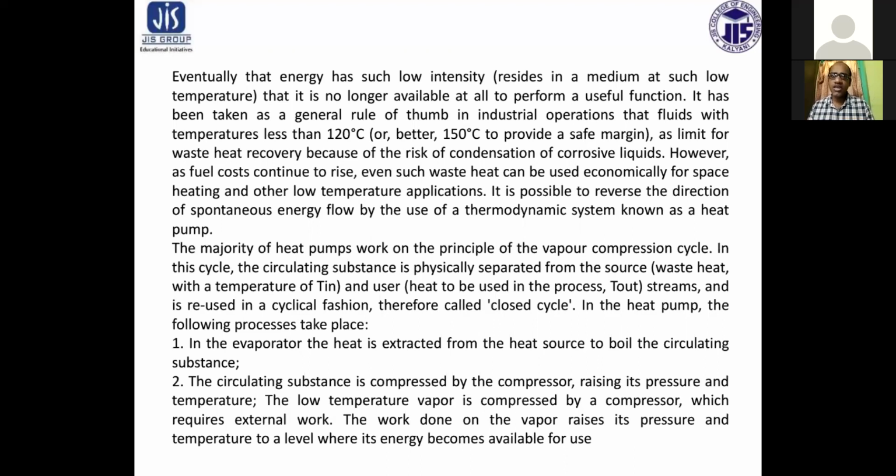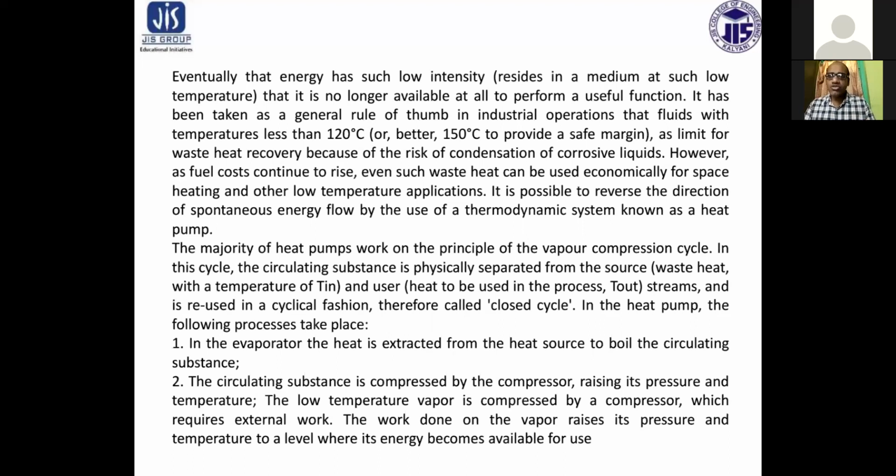However, as fuel cost continues to rise, even such waste heat can be useful economically for space heating and other low temperature applications. It is possible to reverse the direction of spontaneous energy flow by the use of a thermodynamic system known as a heat pump.